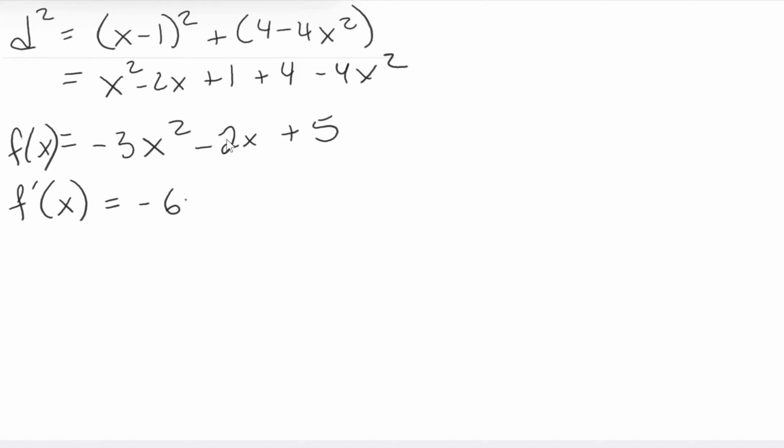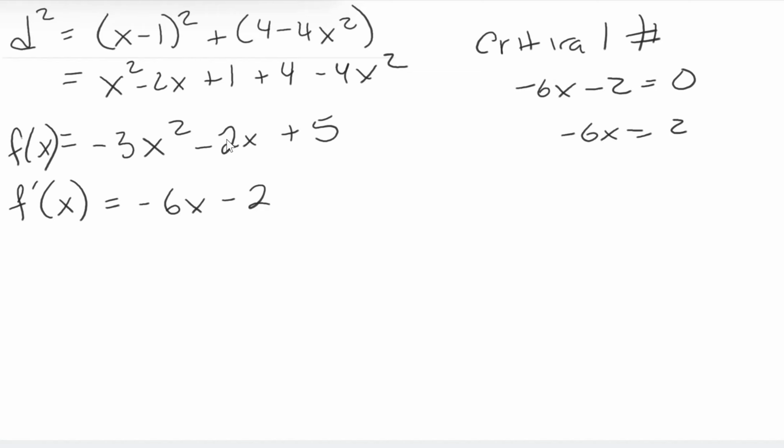Find the derivative of that, so I get negative 6x minus 2. Now find my critical number. So negative 6x minus 2 equals 0. So x equals negative 1/3.